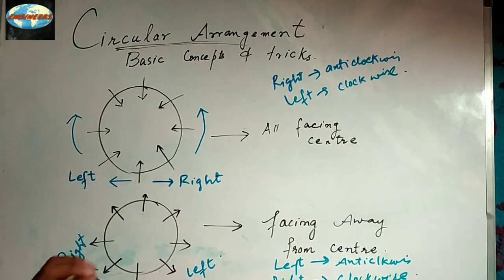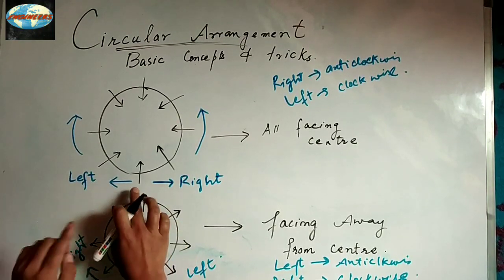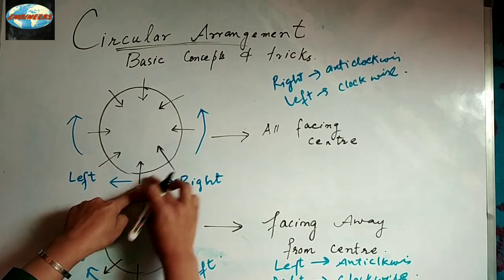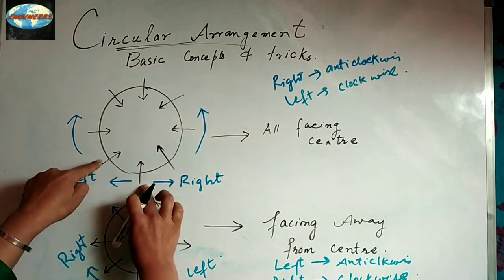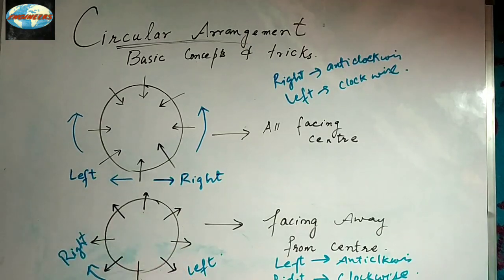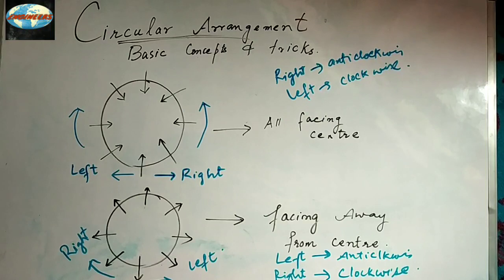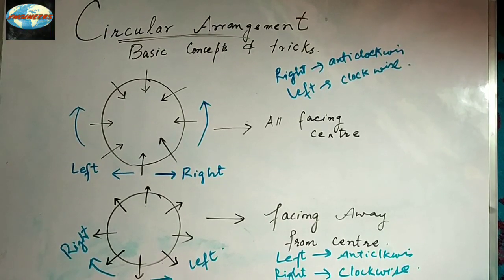Then only you will be able to solve the question correctly. This is the basic trick. See over here, if you have to find a person who is sitting second to the right of this person, it will be this. Left to this person, it will be this. Here, left is this and right is this. So this is the basic concept of solving the question.